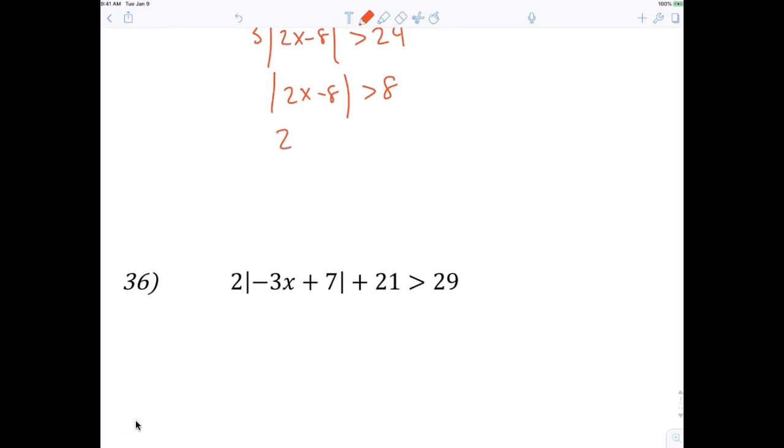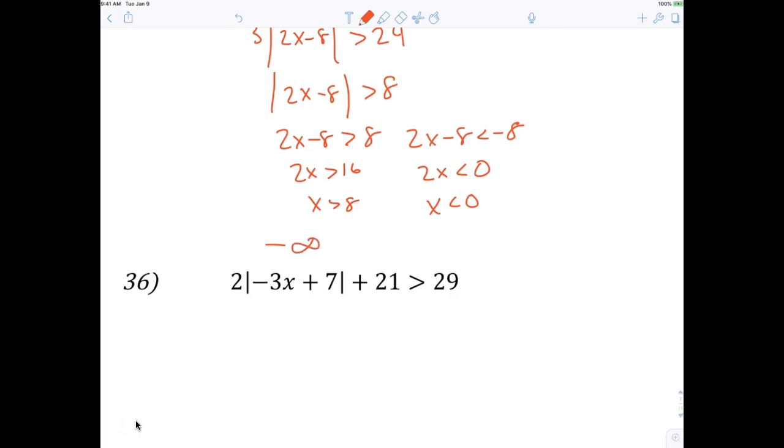So we say what? 2x minus 8 is greater than 8, and 2x minus 8 is less than negative 8. 2x is greater than 16, so x is greater than 8. 2x is less than 0, so x is less than 0. Same direction or opposite directions? Opposite. So again, we know we're going from negative infinity to 0 and from 8 to infinity.